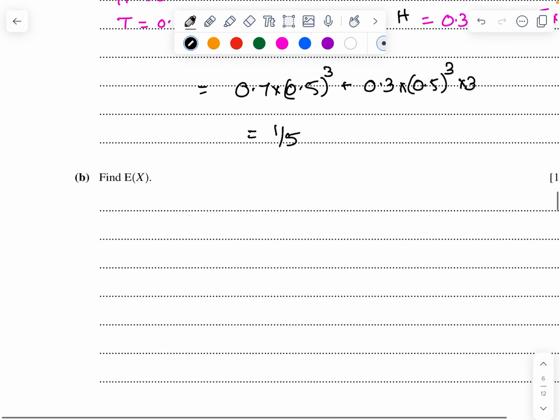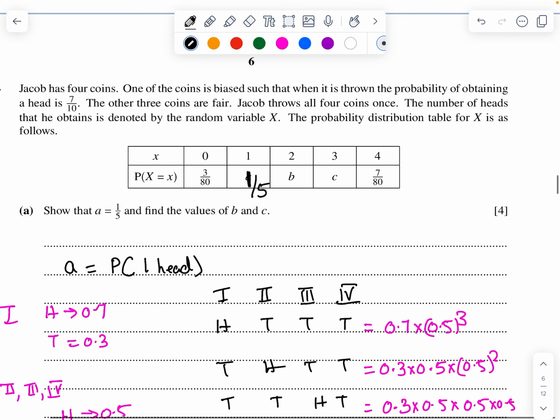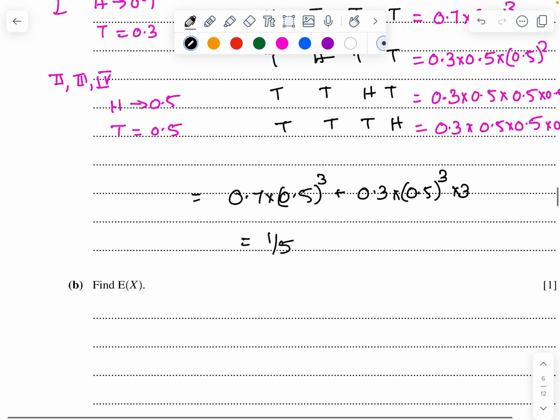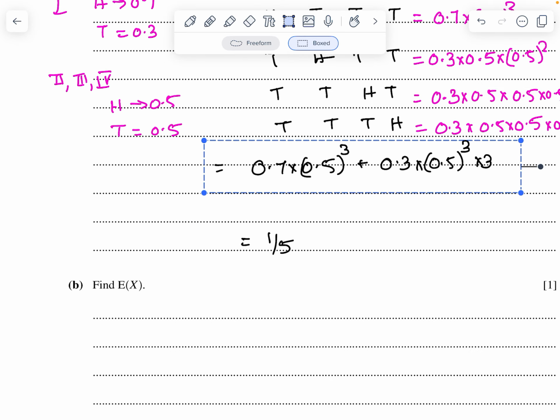Now find the expected value, and hence find the values of B and C. We have to calculate the values of B and C. B is 2 heads and C is 3 heads.